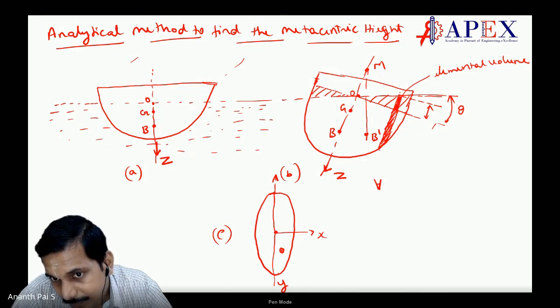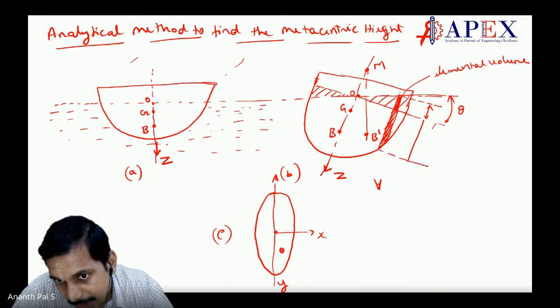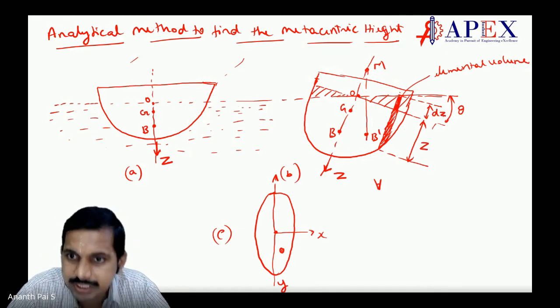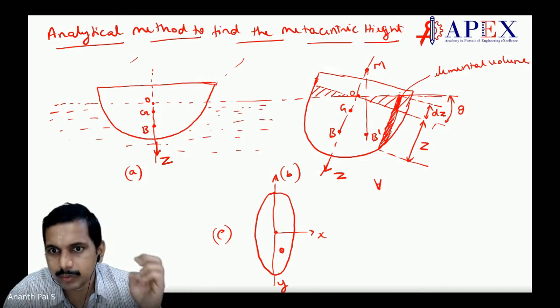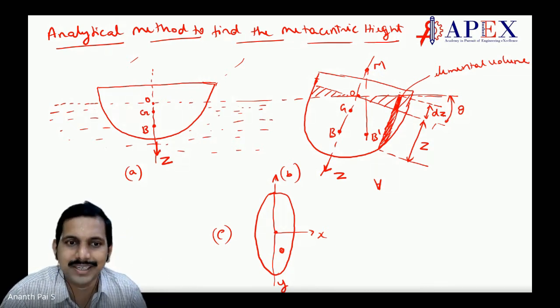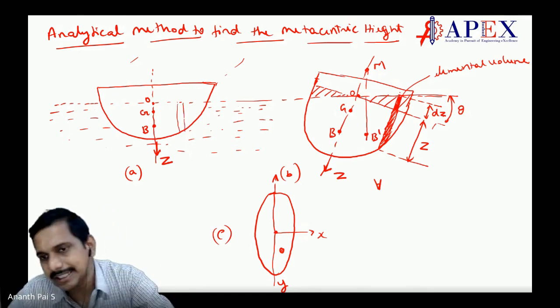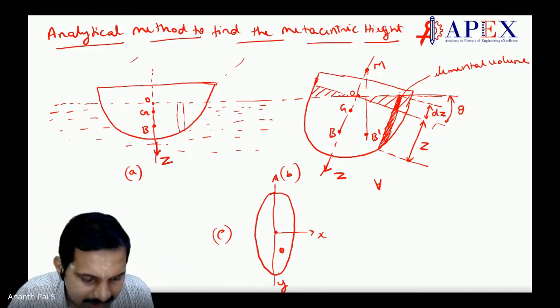So you say this is Z, and then there is an additional one which goes below because of tilting, which is dz. Initially when it was there, it would have been at this position, correct? This z would have been here, correct? Now when it is tilted, it would have been shifted. So additional dz is there.